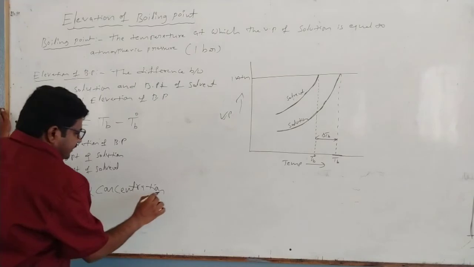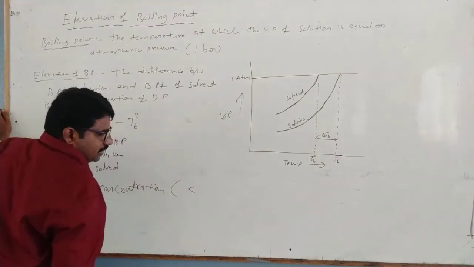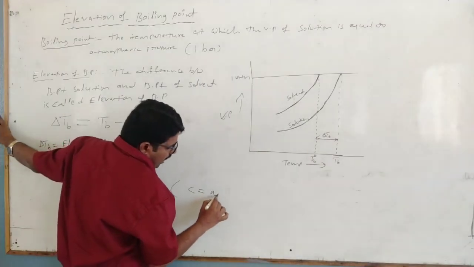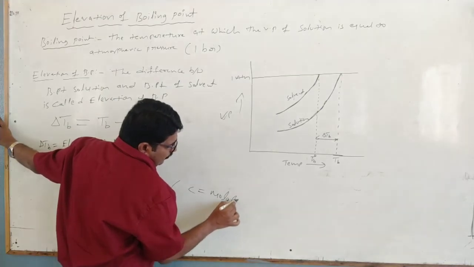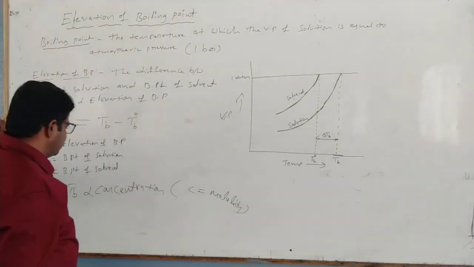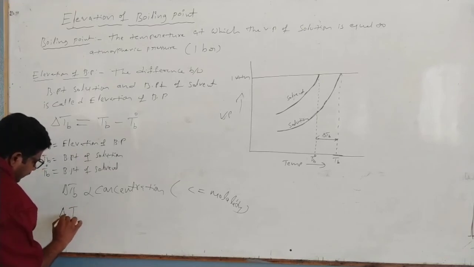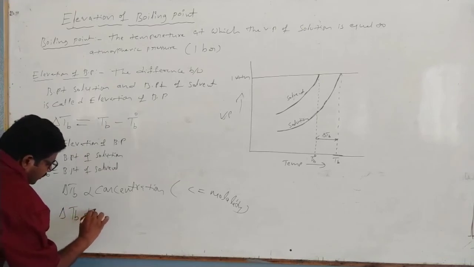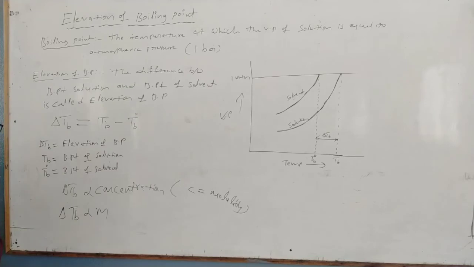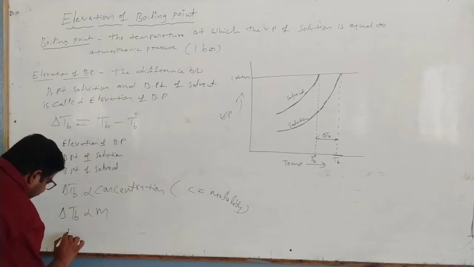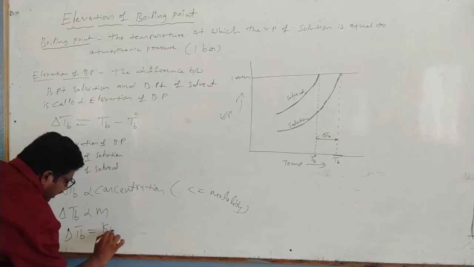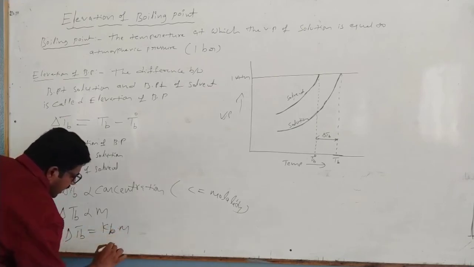Here the concentration is the molarity of the solution. So delta Tb is directly proportional to the molarity, and it can be written as delta Tb is equal to Kb into M.